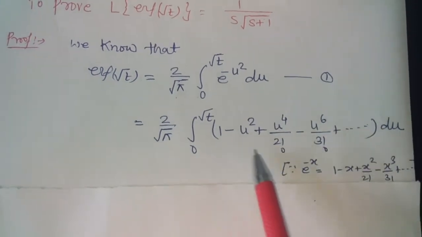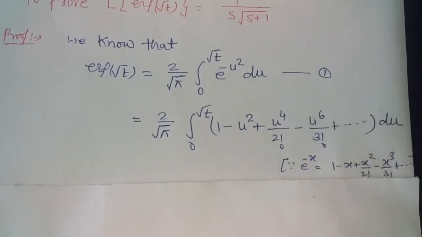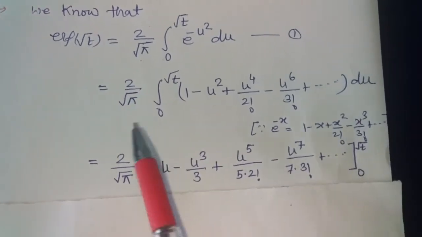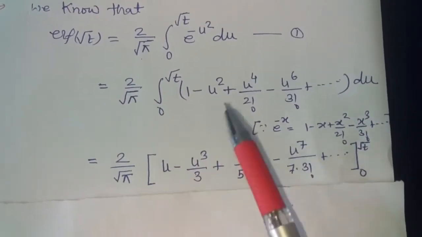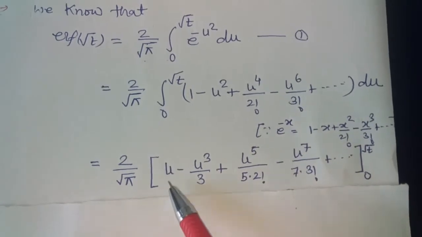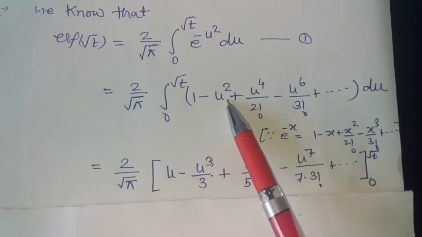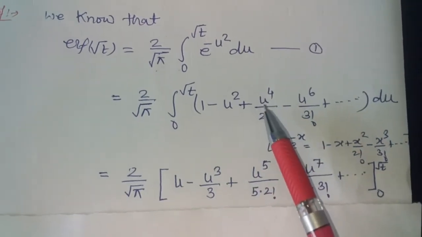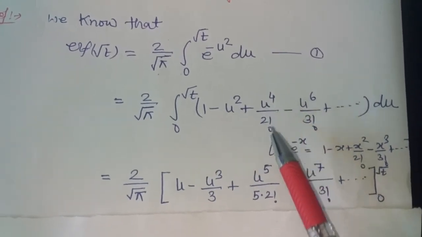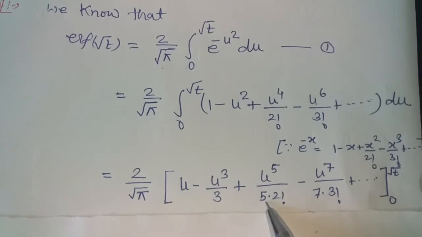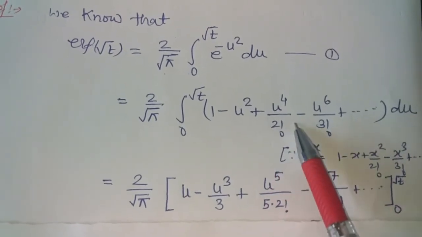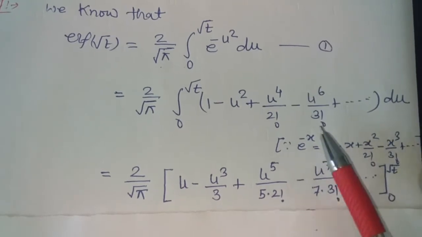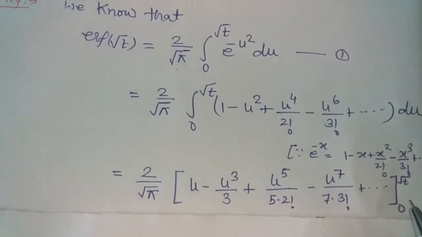Now integrate this expression with respect to u. We get 2 upon root pi, the integration of 1 is u, minus the integral of u square is u cube by 3, plus the integral of u power 4 is u power 5 by 5 into 2 factorial, minus the integral of u power 6 is u power 7 by 7 into 3 factorial and so on.